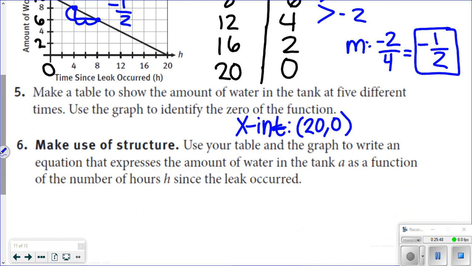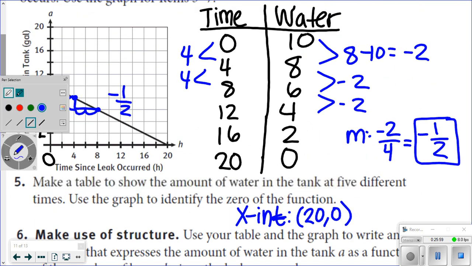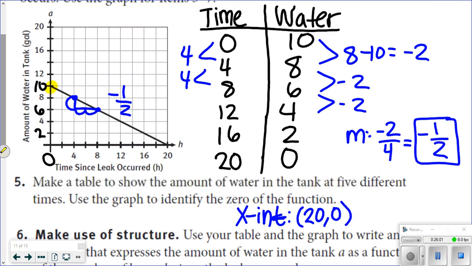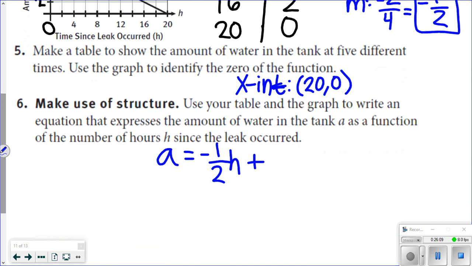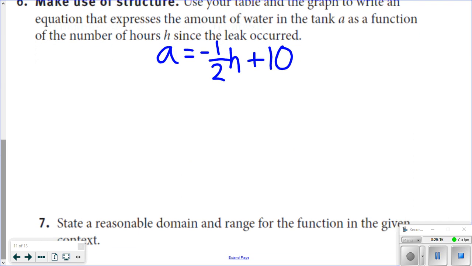Okay, so my slope is negative 1 over 2 plus, what was my y-intercept or my starting point? And I can find it 2 places. Right here's my starting point, my y-intercept. 10. Good. 10, 10. And did we lose question 7? Oh, it's right down here.